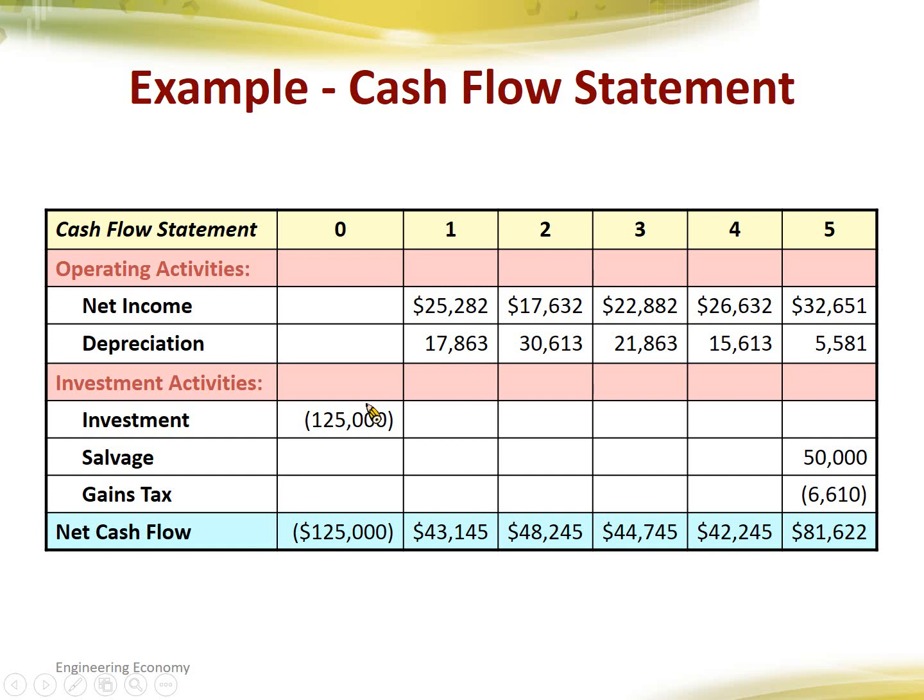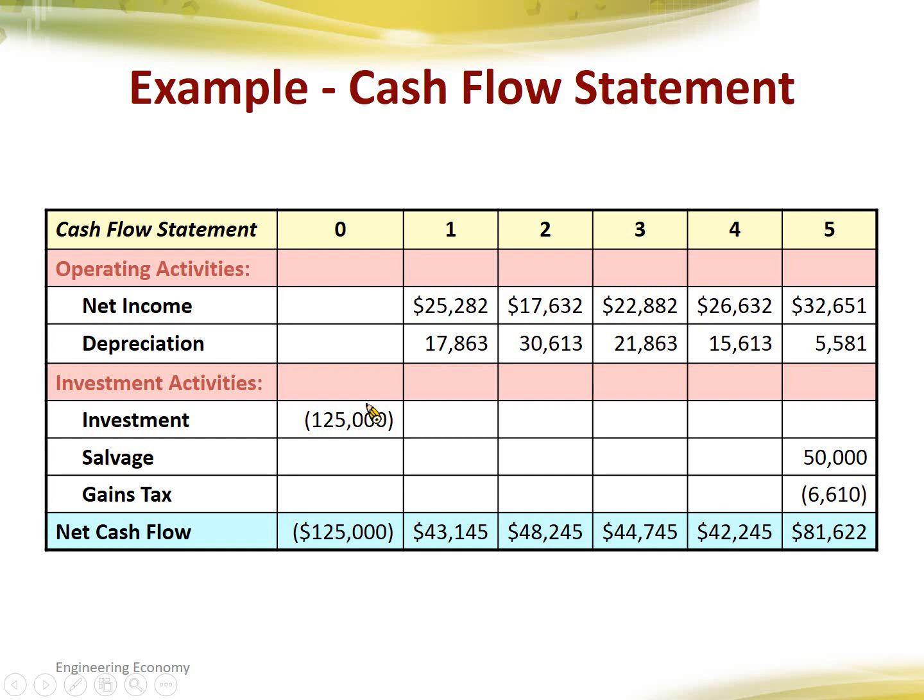But in terms of investment activities, in the beginning, we have 125,000 that we invested. And we have salvage value at the end of the 5th year. But the salvage value needs to be adjusted.